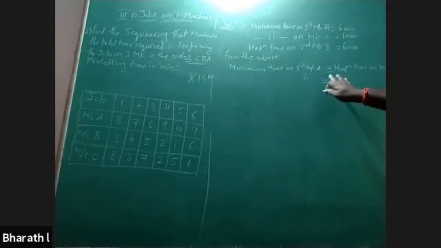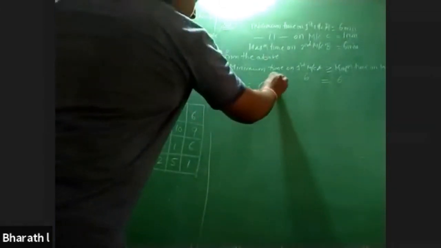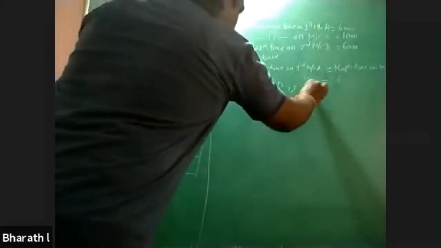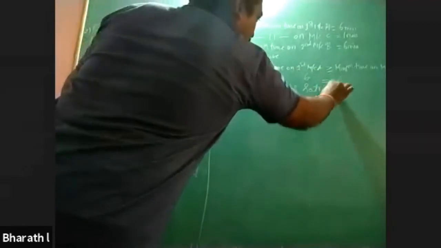That is, 6 is equal to 6. Since the minimum time on the first machine is equal to the maximum time on machine B, the condition is satisfied.